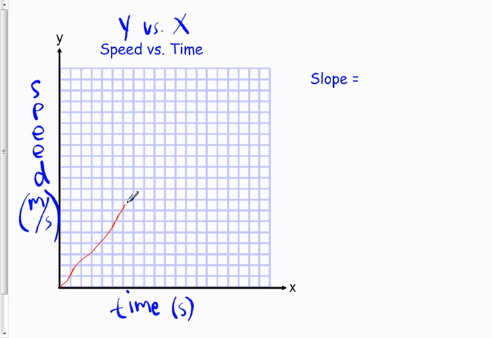we're just going to draw a run-of-the-mill one. We're going rise over run again. So this time our rise is our speed, and our run is our time. So we know this time that we have speed, which is meters per second, divided by our time, which is seconds. Okay?